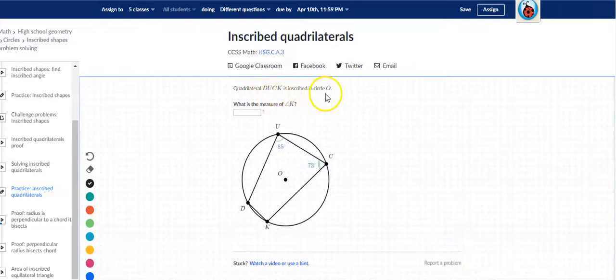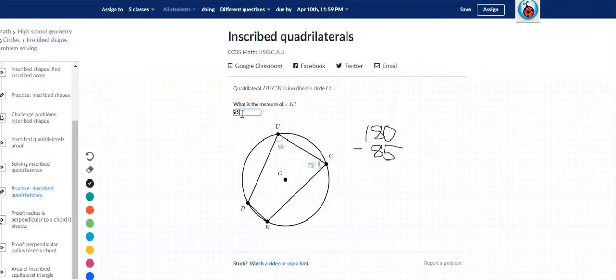Alright, quadrilateral duck is inscribed in circle O. Again, we're just doing that opposite one, so it is our 180 minus 85, which gives us the 95.